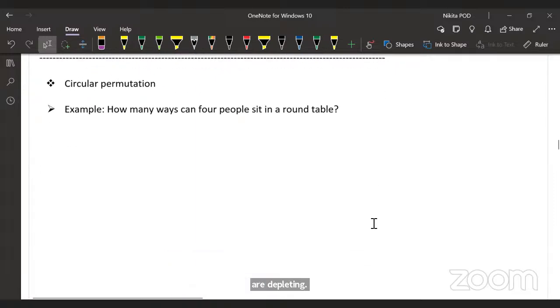Okay. Then next we have circular permutation. Again in circular permutation, there are two possibilities.